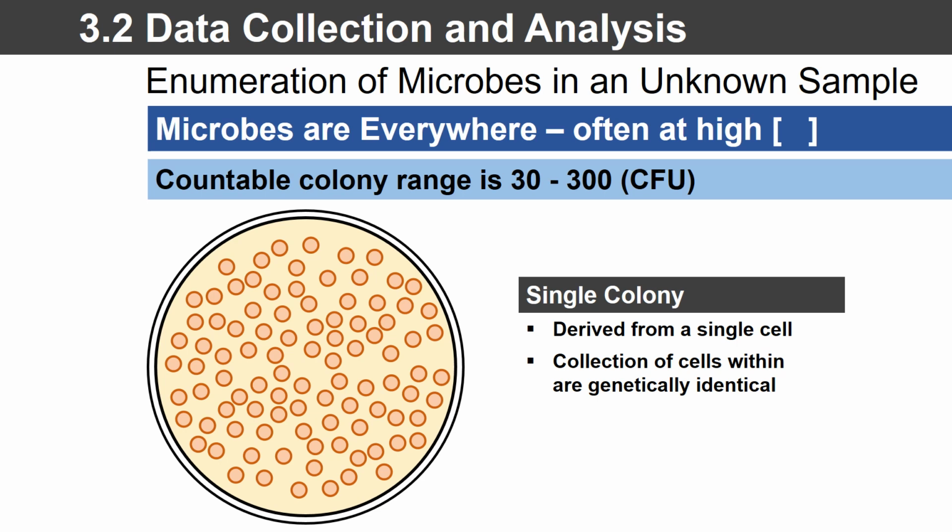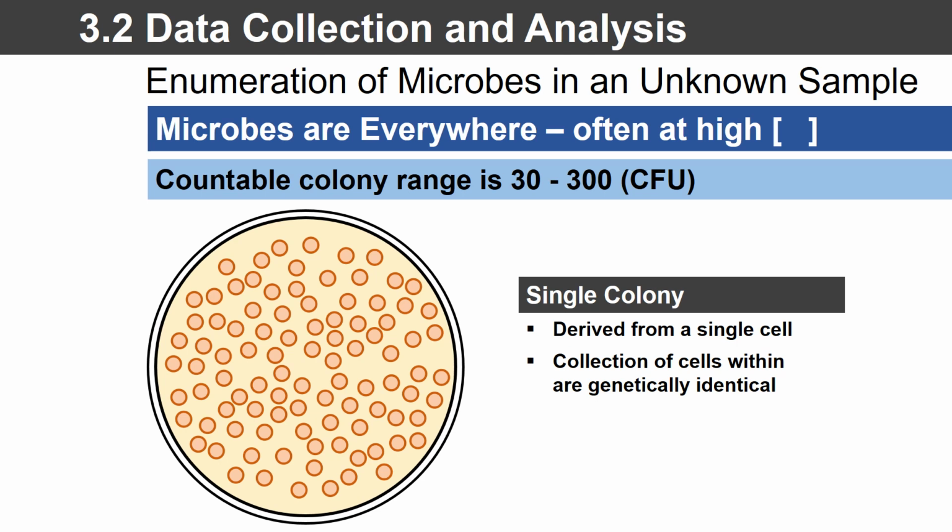A single colony, then, is a collection of cells. They're all genetically identical. Remember, bacteria cells are so small that an individual cell would need to be observed with a microscope. But you could see these plates with your naked eye.